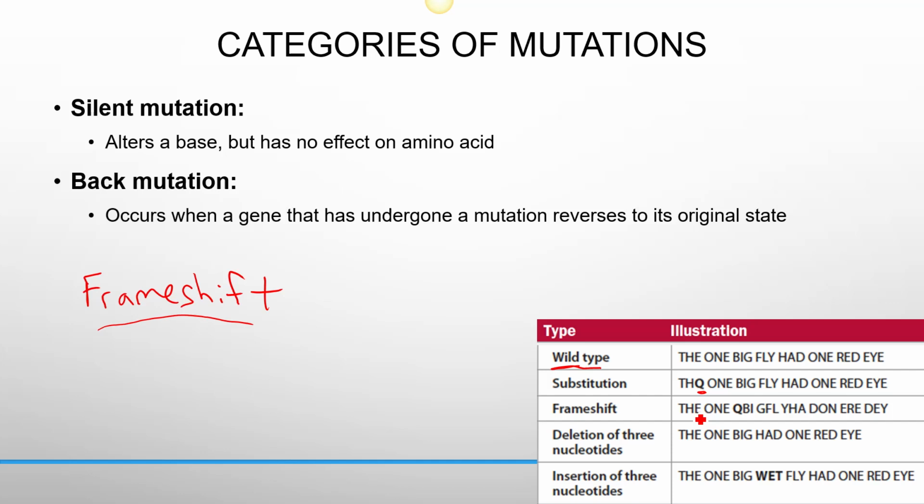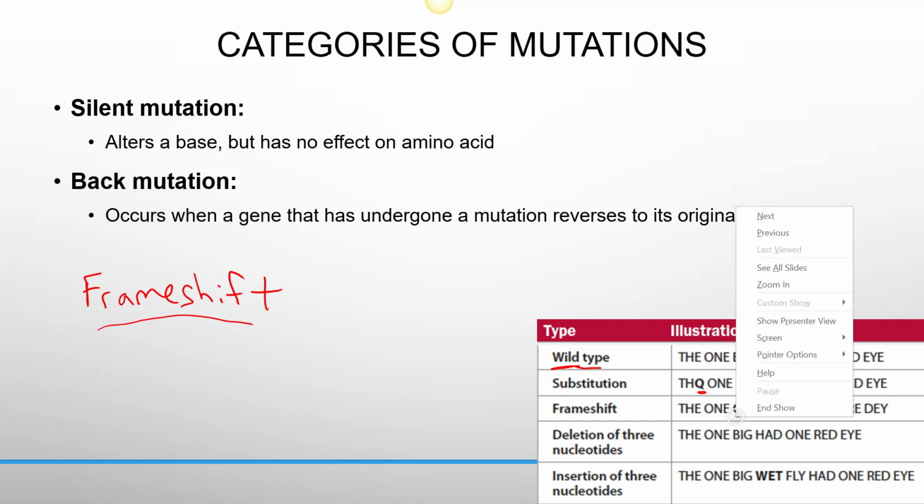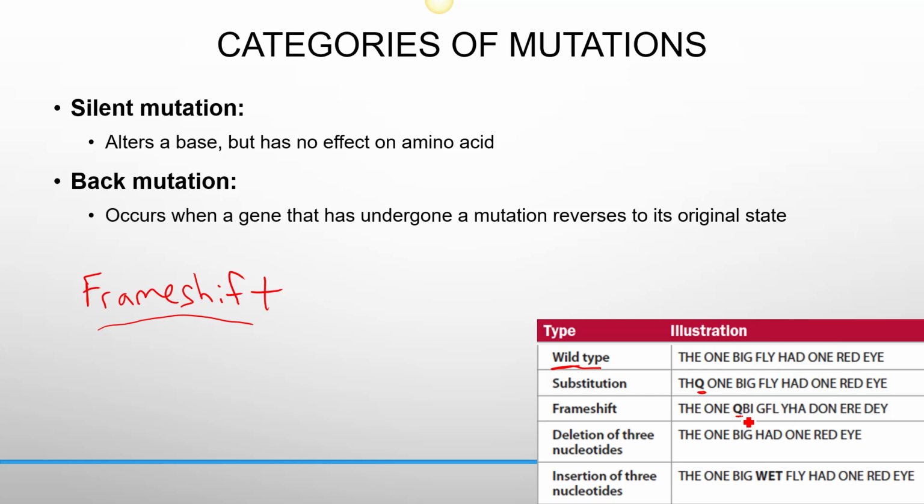So here, the 1 still makes sense, but you add this Q here, and now you have a different reading frame. So the rest of the protein doesn't make sense. Frameshift mutations are one of the most dangerous types of mutations that you can get.